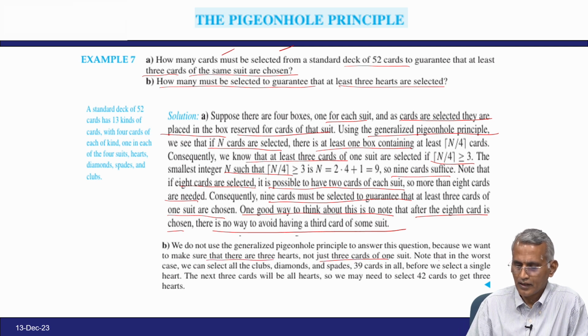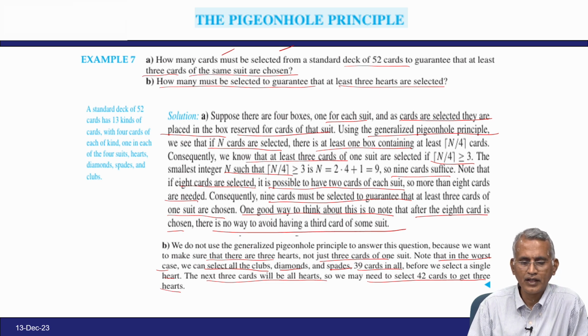Note that in the worst case we can select all the clubs, diamonds and spades, 39 cards in all, before we select a single heart. Therefore, the next 3 cards will be all hearts. So, we may need to select 42 cards to get 3 hearts.